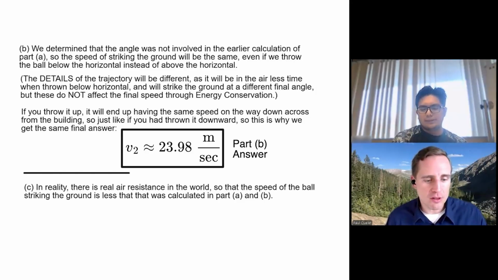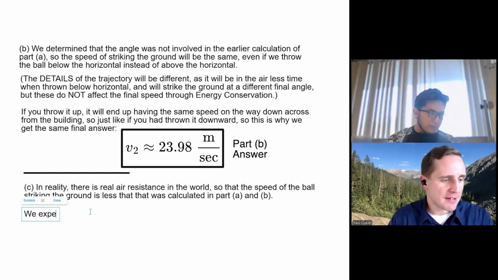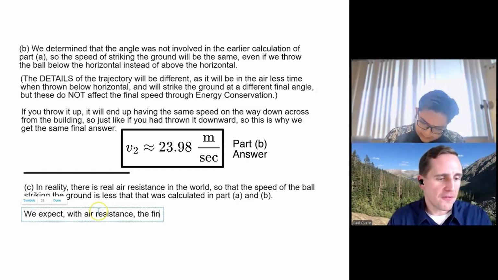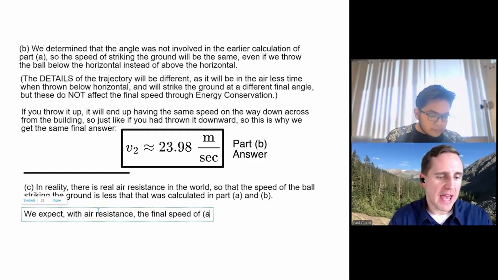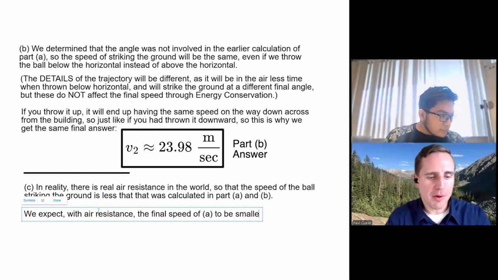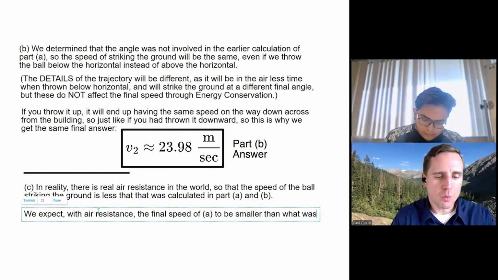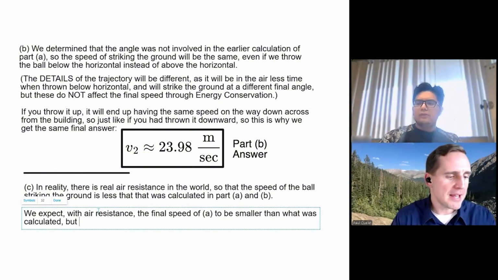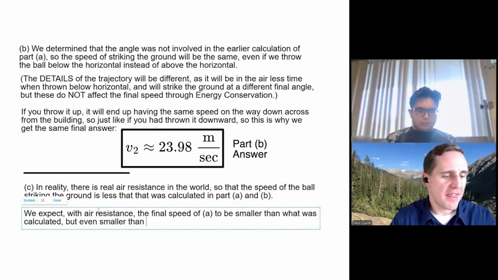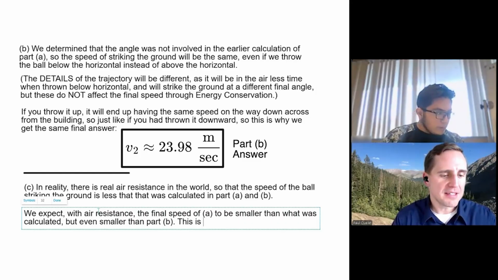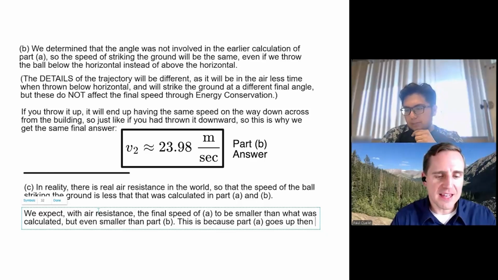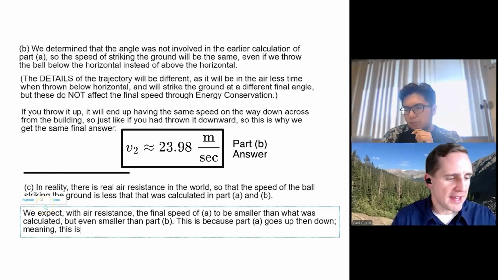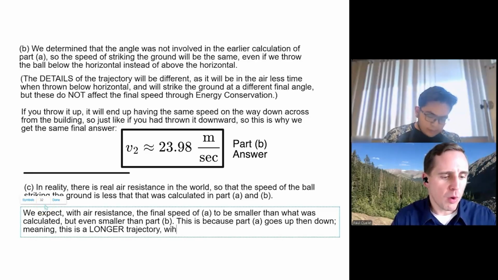Okay, so this is the important thing. We expect with air resistance, the final speed of A to be smaller than what was calculated, but even smaller than part B. This is because part A goes up then down, meaning this is a longer trajectory with more time in the air.